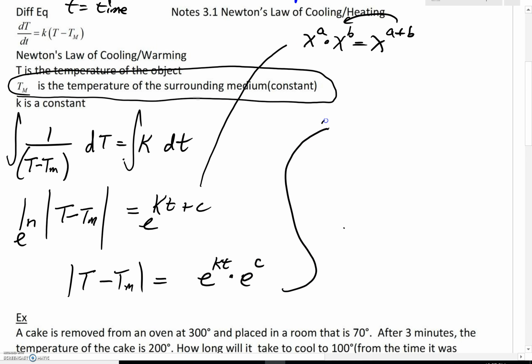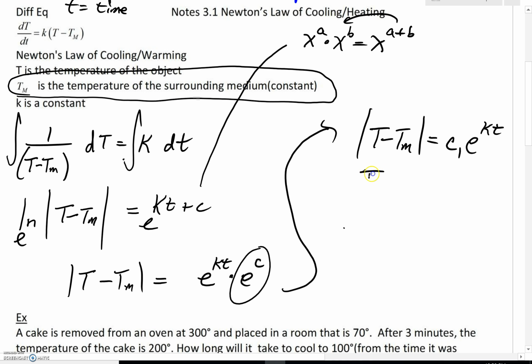And of course, right now that e to the c is just some arbitrary constant, so I could even call it C1 to distinguish it and move it out in front. But I'd like to get rid of the absolute value. As I do that, I'll get T minus T sub m would be plus or minus C sub 1 e to the kt. But thank goodness, a positive or a negative will simply be absorbed into that constant. So you could even call that C2 if you'd like.